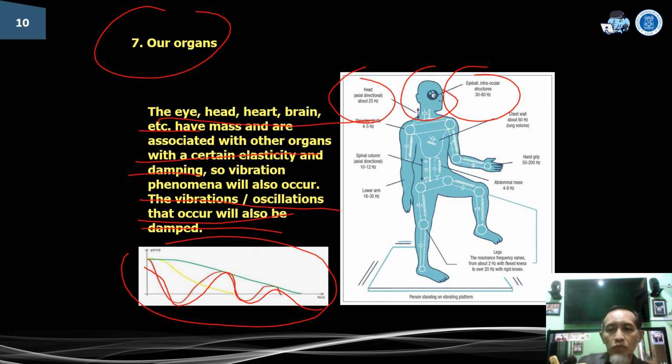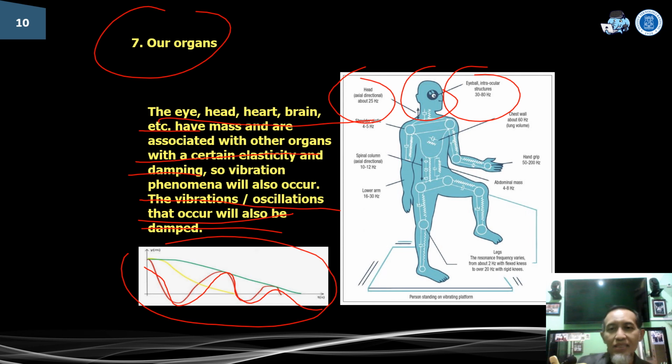So it's important to design our tools, our cars, or our aircraft so that the natural frequency is not the same as the natural frequency of our organs. If the same, there is resonance.